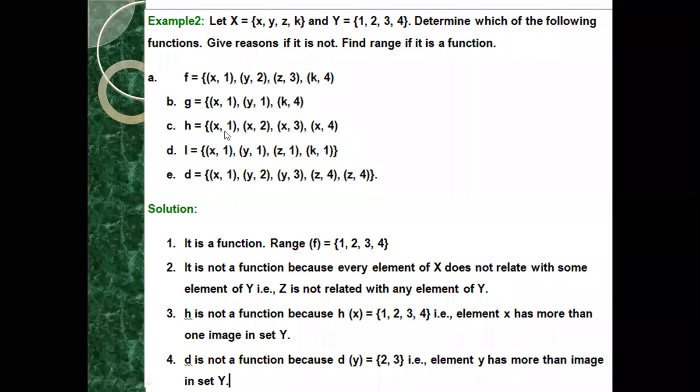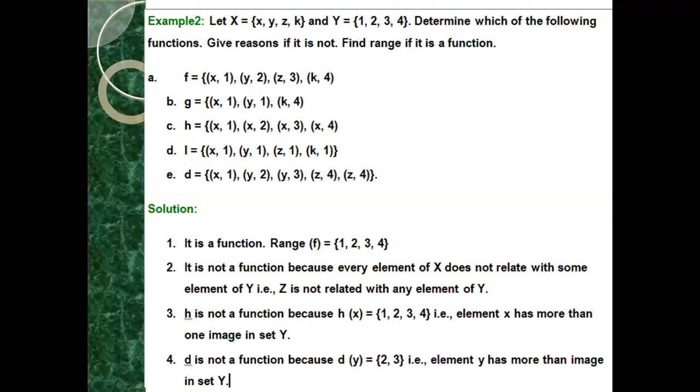So here the domain is x, y, z, k, and x is related to more than one image. So x related to 1, x related to 2, x related to 3, x related to 4. So x has more than one image in y.